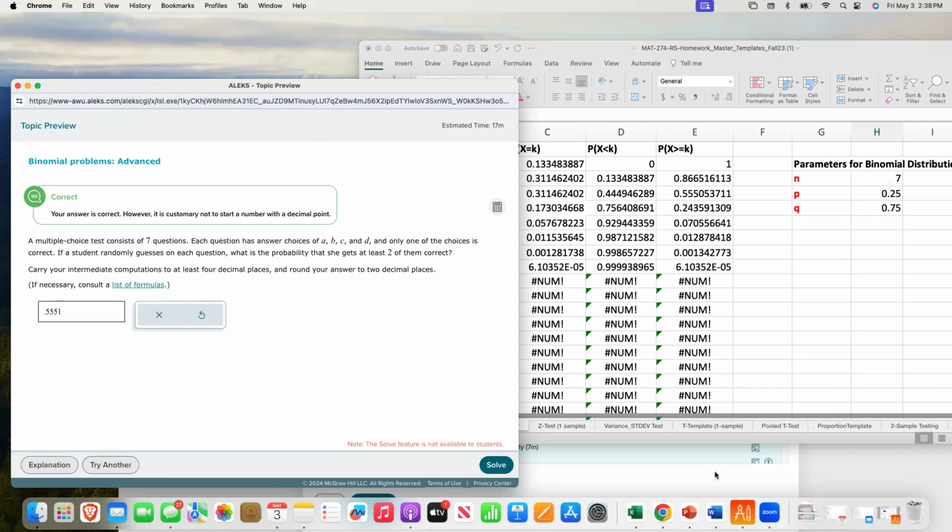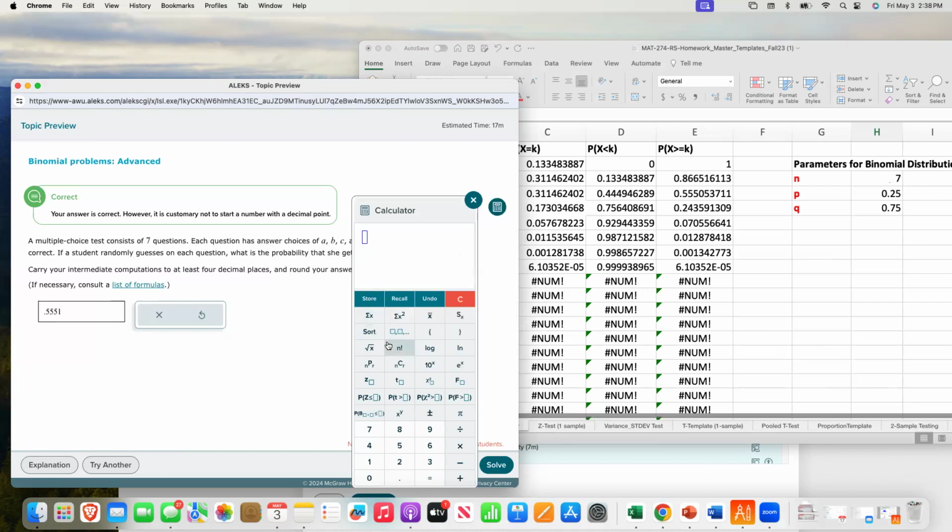If we were using the ALEKS calculator, that would get a little bit tricky. We would have to find the probability of all of them, and if we want 2 or more, we'd have to take away 1 or less. So maybe I'll just do that for you here. We're going to start with all the probabilities, which would be a 1.